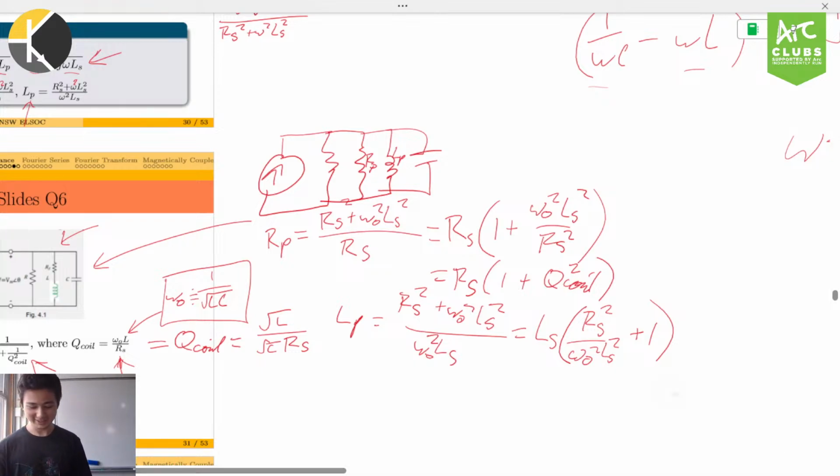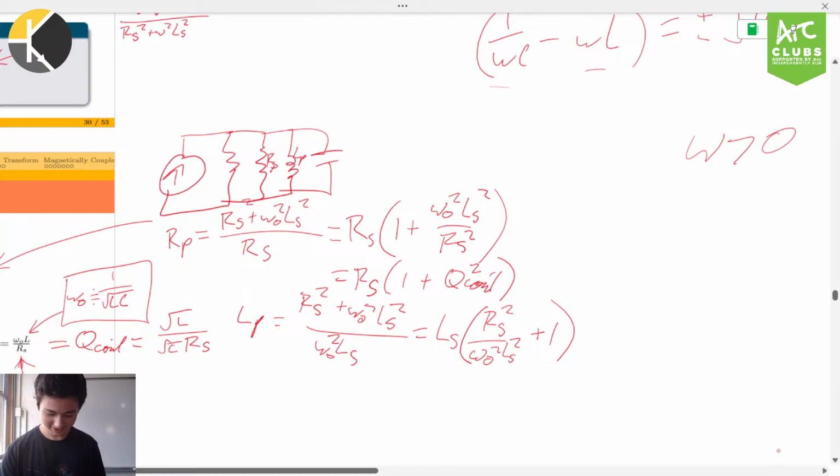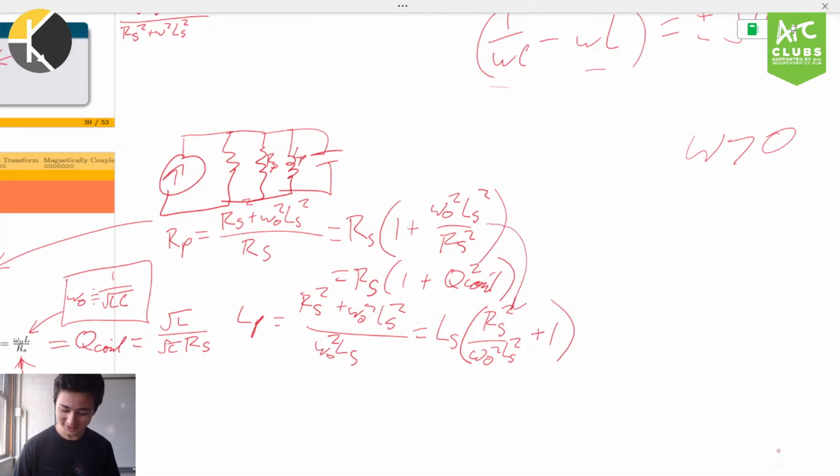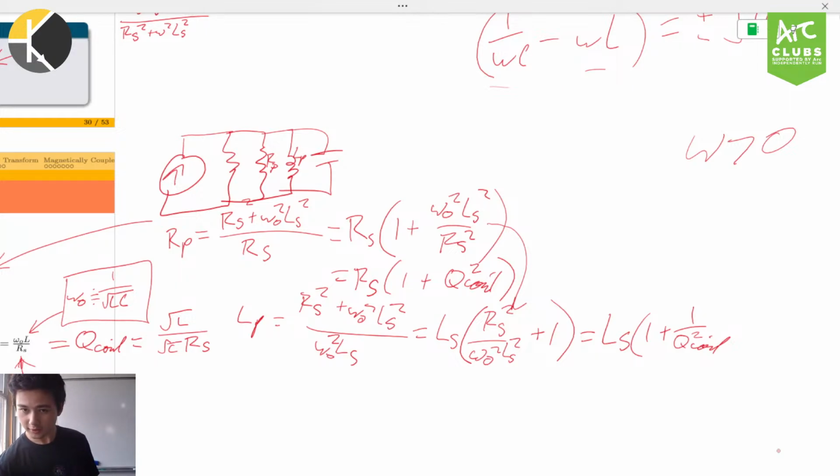There's a little trick here as well, and we say, oh, wait a minute, that's the reciprocal. And so we say LP equals LS times 1 plus 1 over Q coil squared. All right. Okay, good stuff.